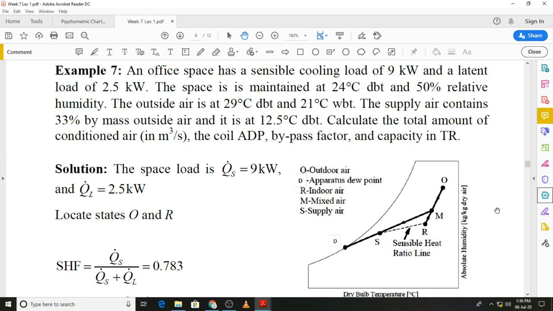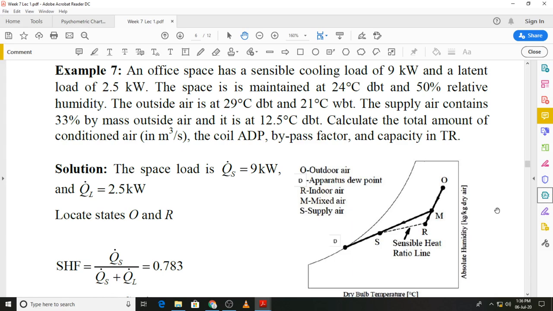Next we will take up an example based on the cooling cycle. The problem statement provides us with the sensible and latent loads for the given space, the space state in terms of the dry bulb temperature and the relative humidity.